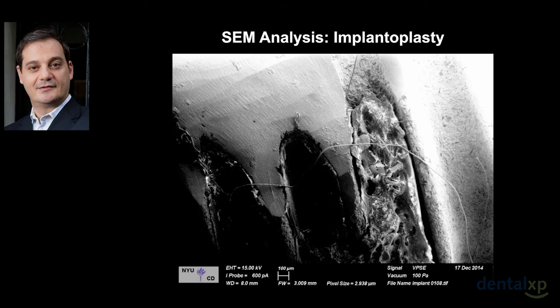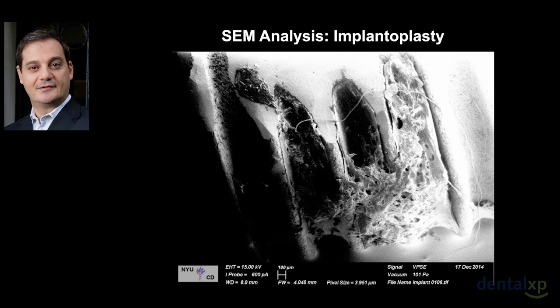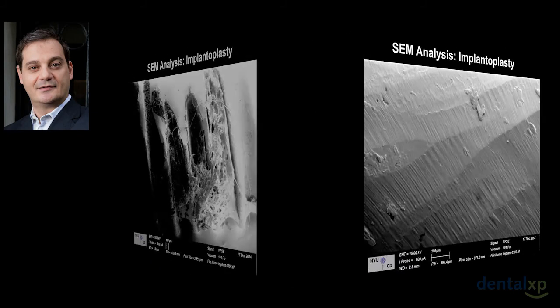And here, on a higher magnification, demarcating the two different zones, one that is cleaned up and polished by implantoplasty, and one where the biofilm is still intact, and again at higher magnification. You can see how we were able to clean the surface when we did implantoplasty compared to the other surfaces that are still diseased.